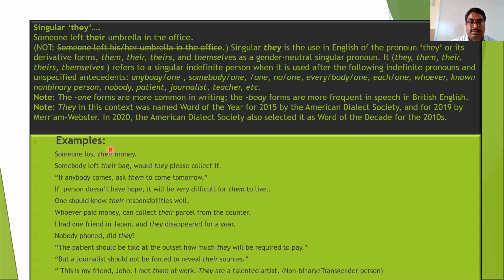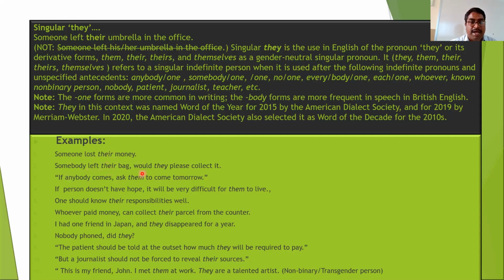Absolutely correct. According to modern grammar, someone lost their money. Their implies either his money or her money, right? It is singular there, not plural there. It implies singular meaning, not plural meaning. Someone lost their money.